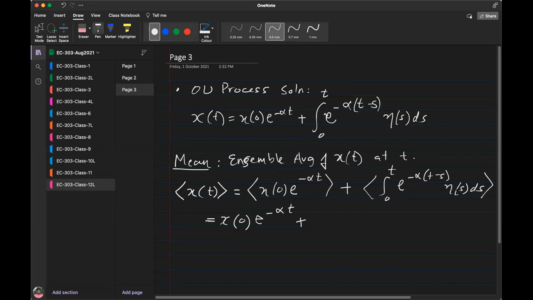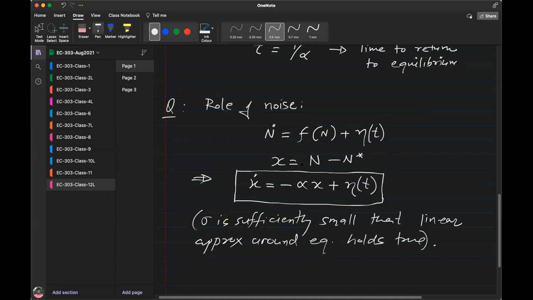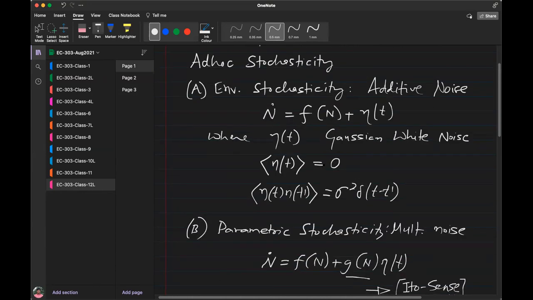So that's the first term. Now what about this one? This is a deterministic term, e to the power minus alpha (t minus s), and this is the only stochastic term. That means this average can be taken inside. So we have the integral from 0 to t of e to the power minus alpha. And we do know what the average of eta s is, right? That was 0.